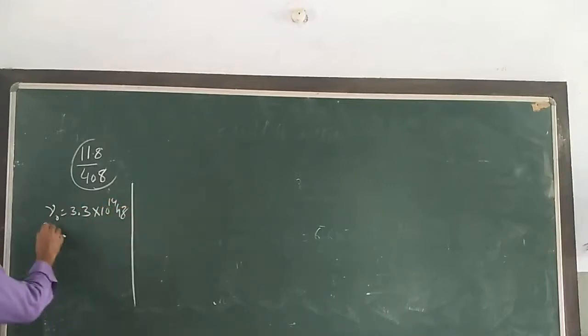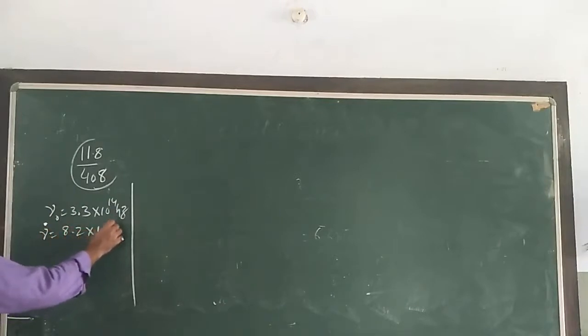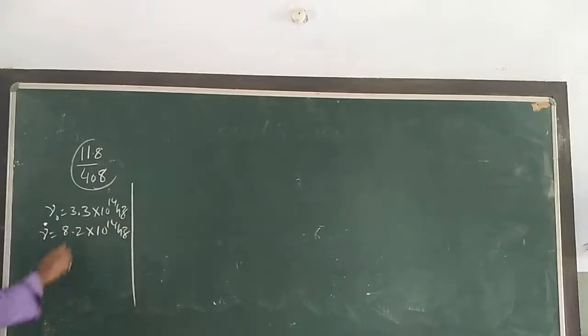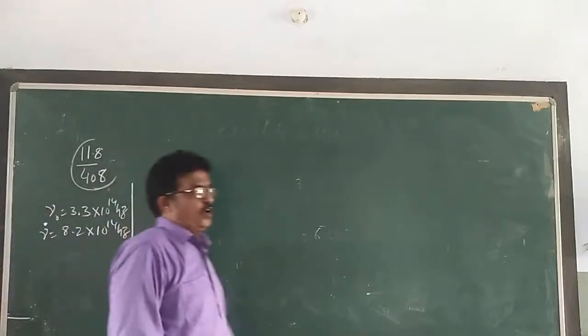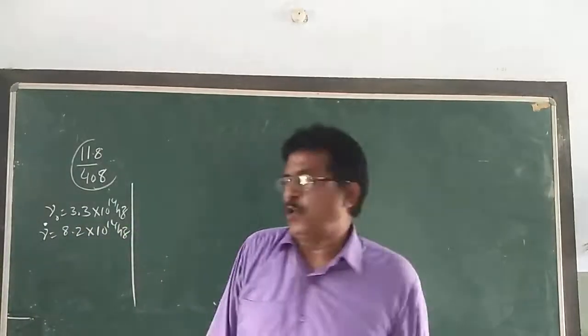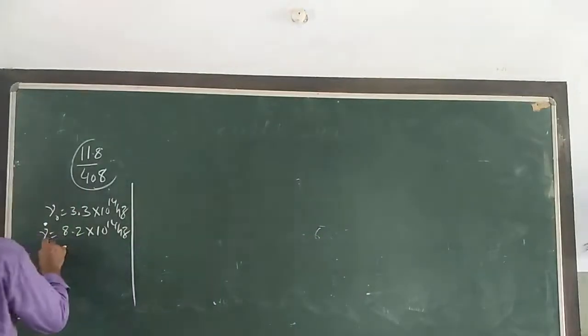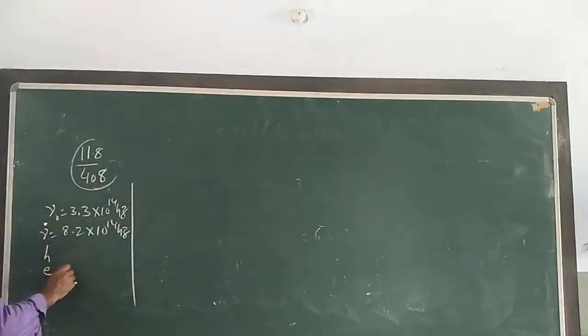The light of frequency nu is equal to 8.2 into 10 raised to power 14 hertz is incident on the metal. Predict the cutoff voltage for the photoelectric emission. You have to find the cutoff voltage. For that you also require the Planck constant and the charge of the electron.